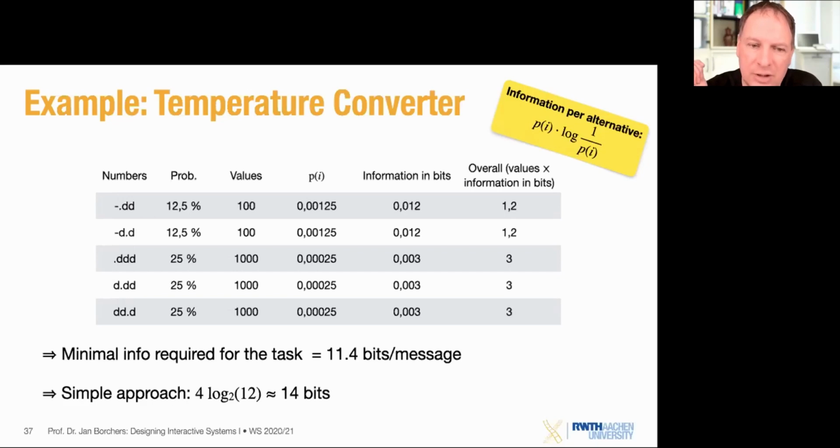Then we can store something that has 12 different values in log2 of 12 bits, which is roughly 14 divided by 4, so 3.5.